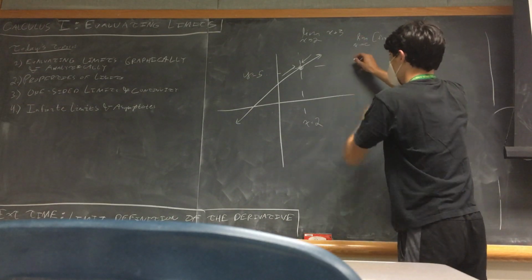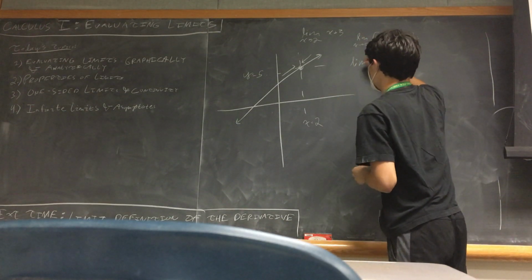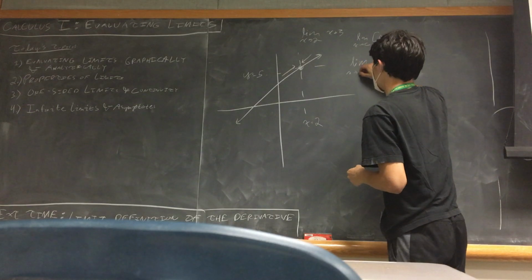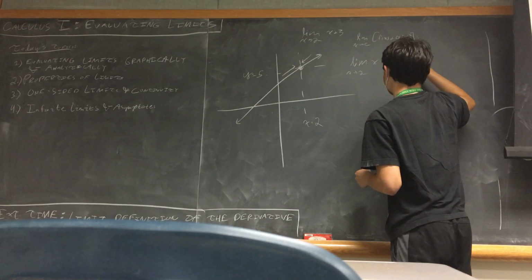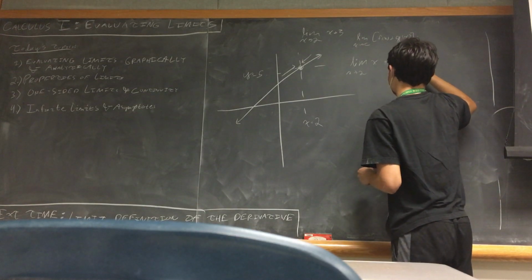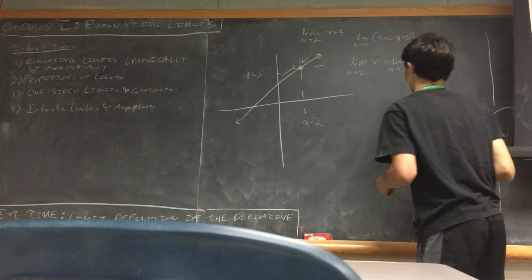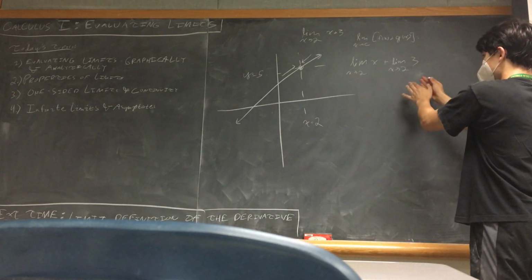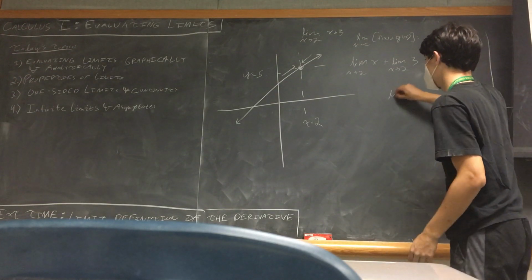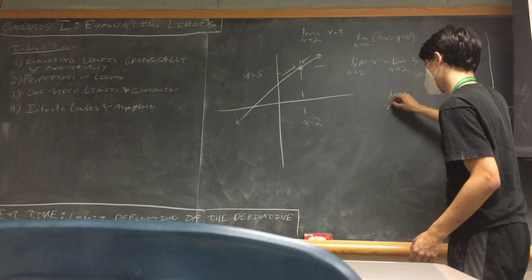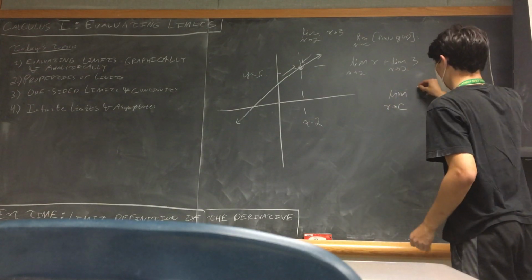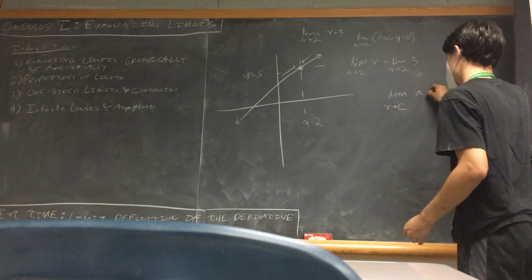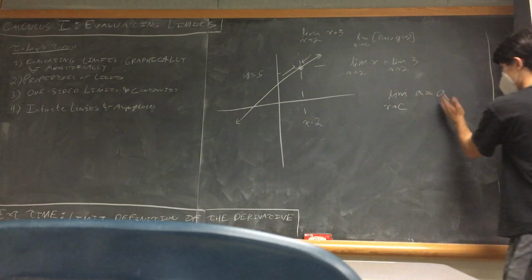Let's apply this here. The limit as x approaches 2 of x plus the limit as x approaches 2 of 3. Now the limit as x approaches c of a constant, say a, is another important rule here: this will always be equal to a.